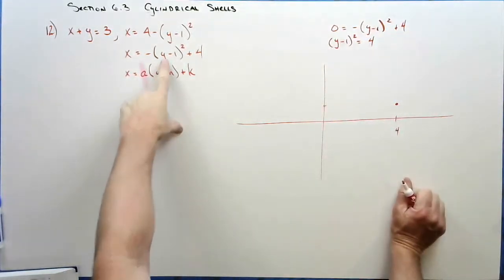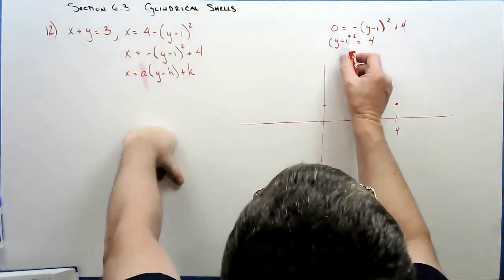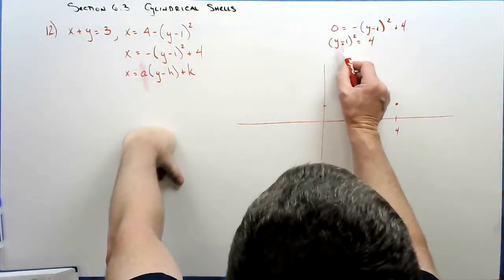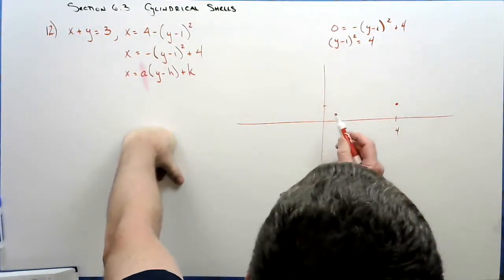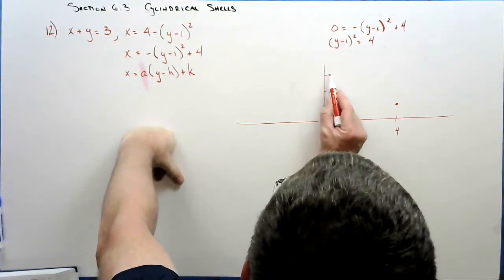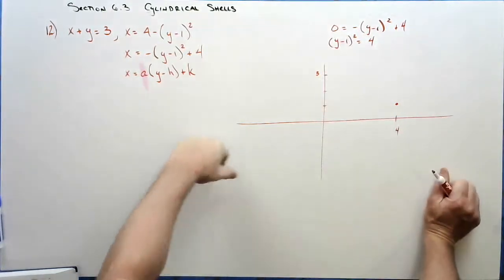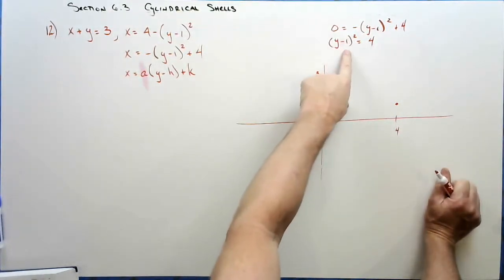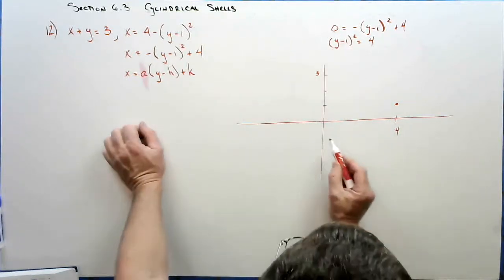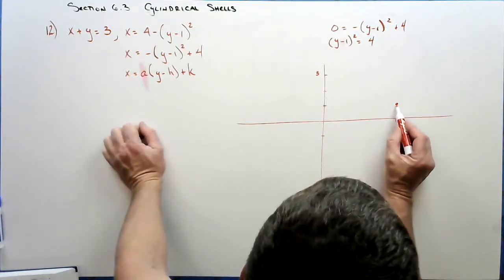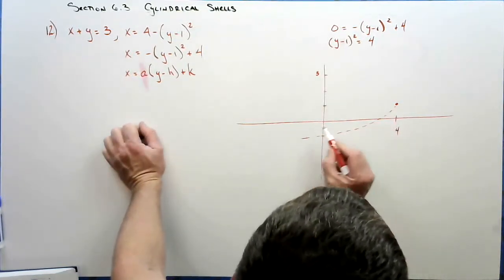There we go. It's y minus 1. So I need this to be a 2, so I have to put in 3, right? 3 minus 1 makes 2. 2 squared is 4. So one of our intercepts is here at 3. And then the other one is going to be -1 minus 1 is -2 squared. That's going to be 4. So our other intercept is going to be here. So we have a parabola that opens this way.